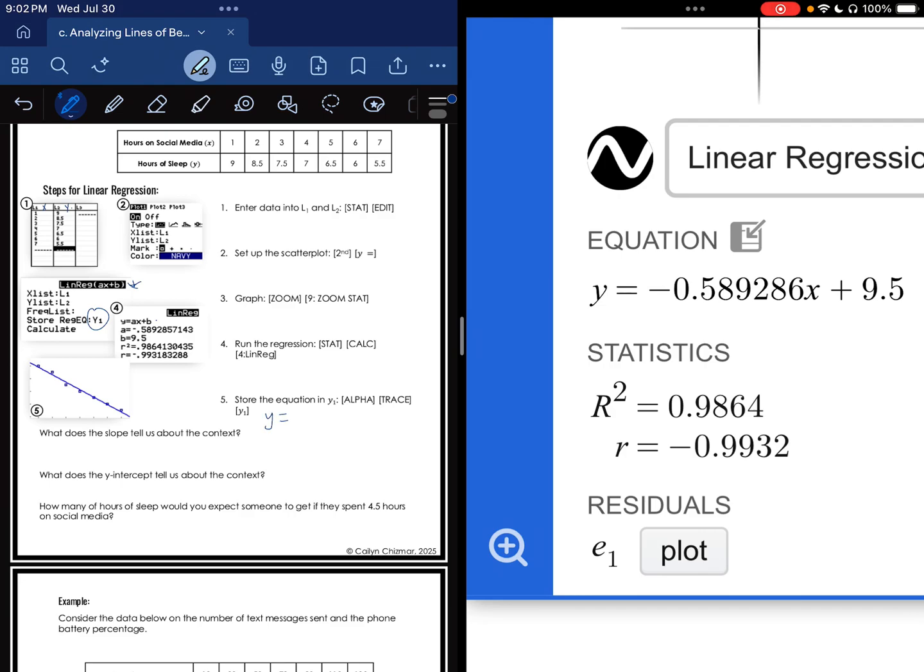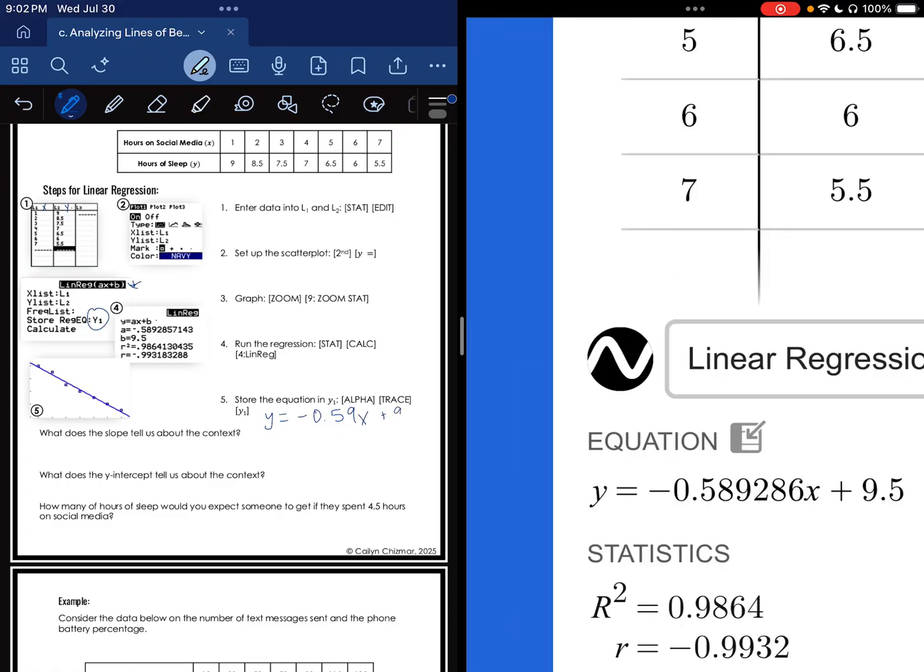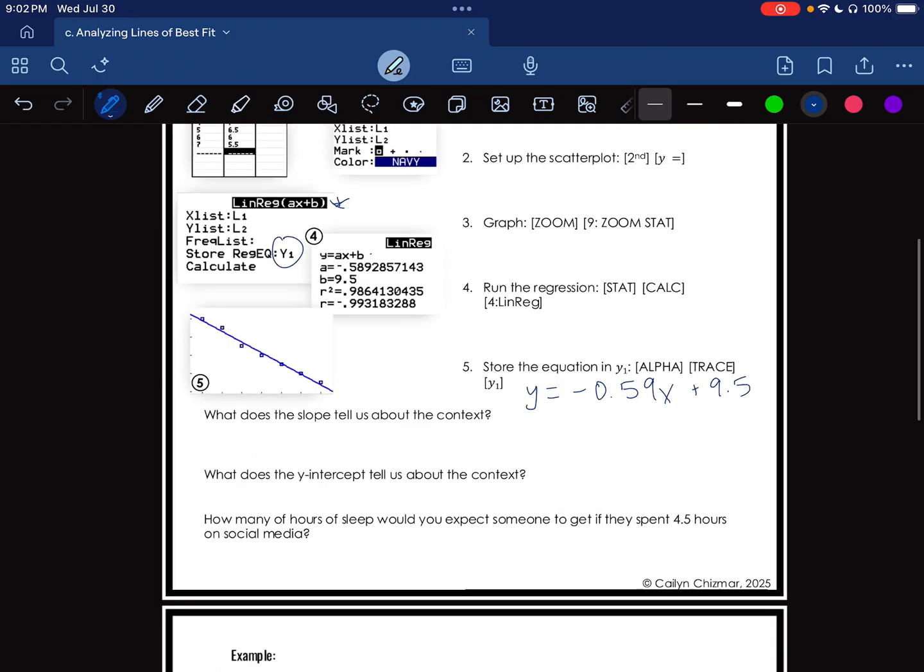I'm going to move Desmos away for a minute. We want to know a couple of things about our data here. So what does the slope tell us about the context? Remember, slope, or in this case the calculator calls it A, is the change in your y's over the change in your x's.